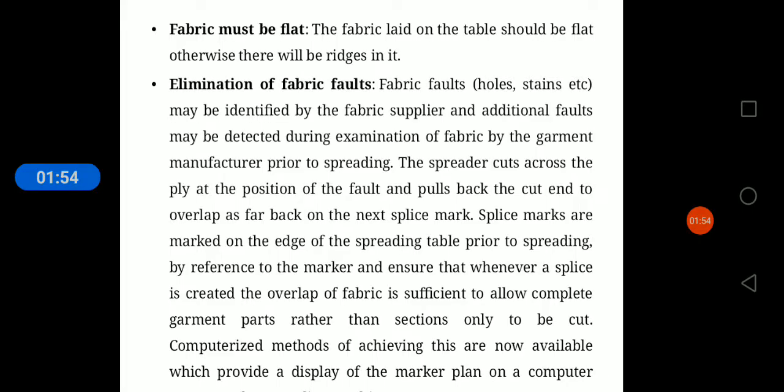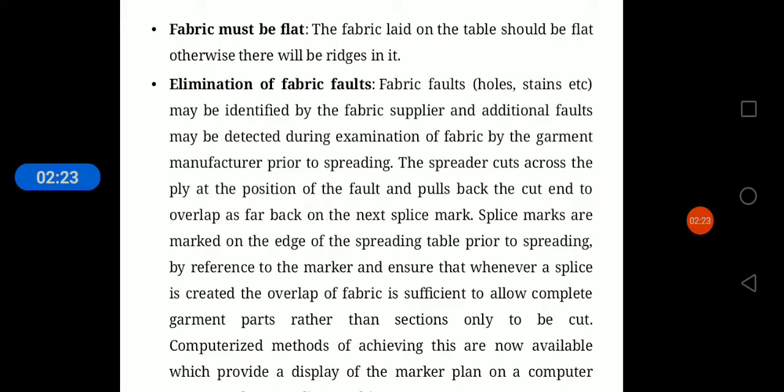Elimination of fabric faults, holes, stains, etc. may be identified by the fabric supplier, and additional faults may be detected during examination of the fabric by the garment manufacturer. Prior to spreading, the spreader cuts across the ply at the position of the faults and pulls back the cut end to overlap as far back as the next splice mark.